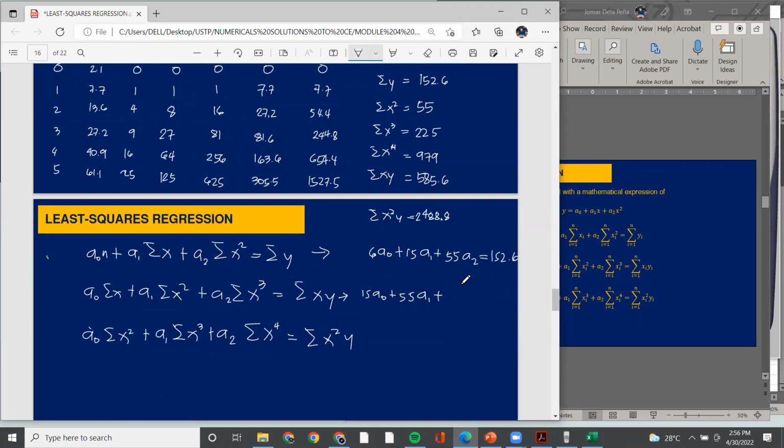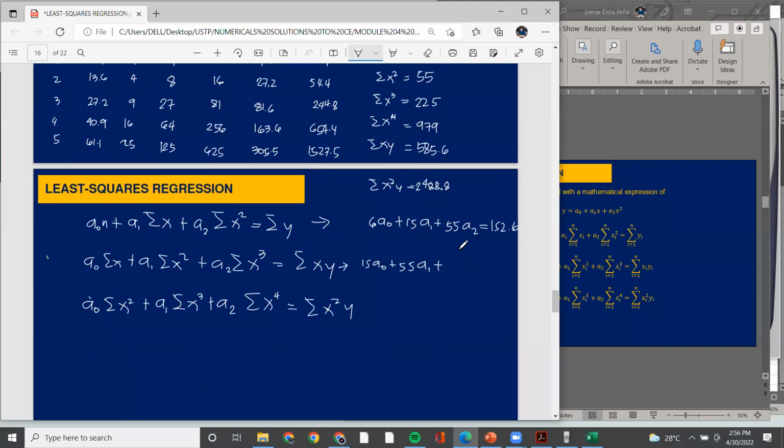Okay, kung sayop ta ani, dili matarong atong curve. Okay, so we have 15 a sub 0, 55 a sub 1, and for a sub 2, x cubed is 225. 225 a sub 2 equal to summation of x times y, 585.6.